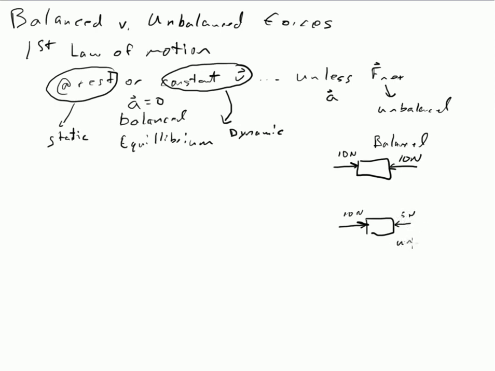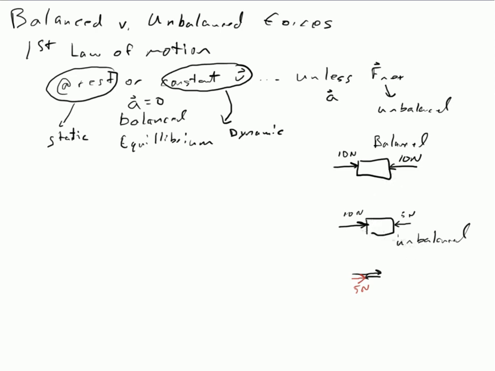So this one would be unbalanced. We have 10 newtons plus 5 newtons, and so our resultant, think about our vectors that we've done, is going to be 5 newtons in that way of net force or unbalanced force in that situation. So you can look at different situations like that.